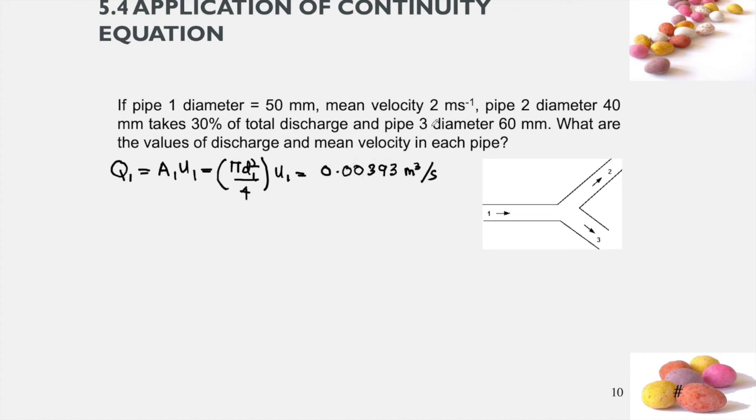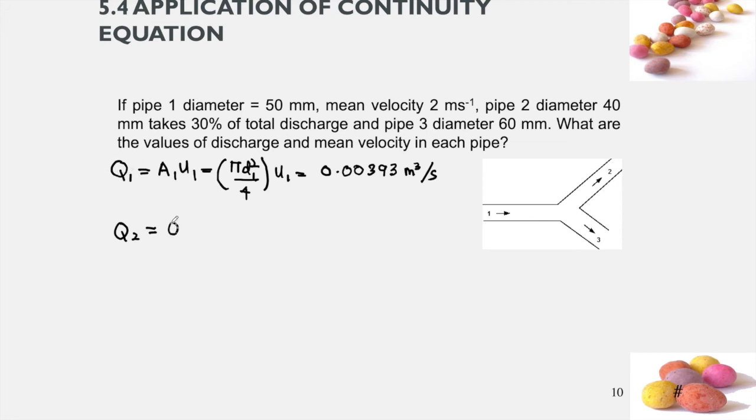So here, the info in the question mentioned that pipe 2 diameter is 40 mm, takes 30% of total discharge. Therefore, we know that Q2 is 30% of total discharge. We know that Q1 is the total discharge.